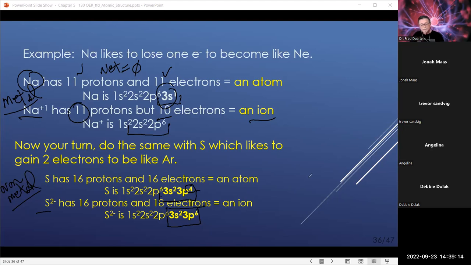Okay. Furthermore, its name went from sulfur. Here is sulfur. When it becomes the ion, it is sulfide. IDE. That is the ion. Sulfur is the atom. Big difference with respect to naming. Okay.